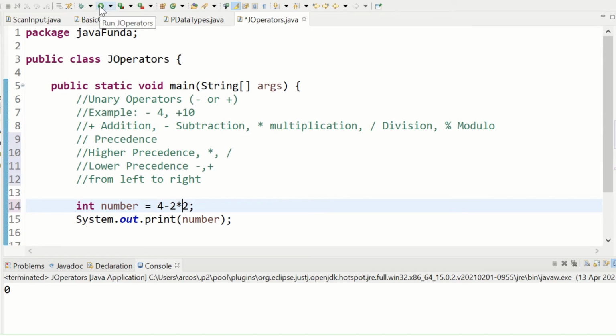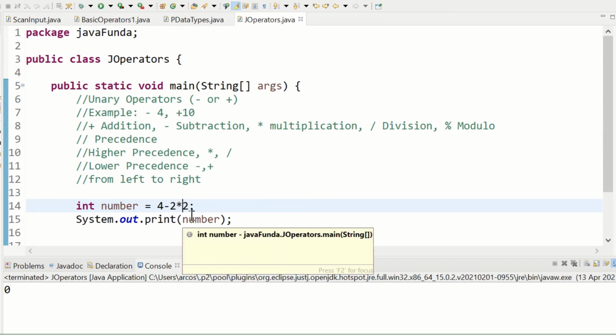So let us try. So the result is 0. Instead of thinking that it will be 4, because we performed 4 minus 2 first in our first assumption, and then 2 times 2, which is 4, we were expecting the answer to be 4.